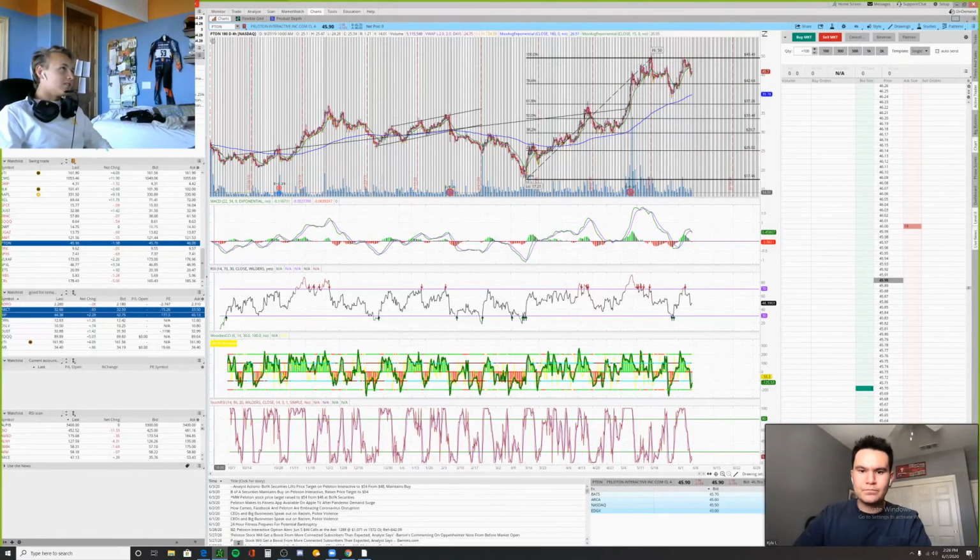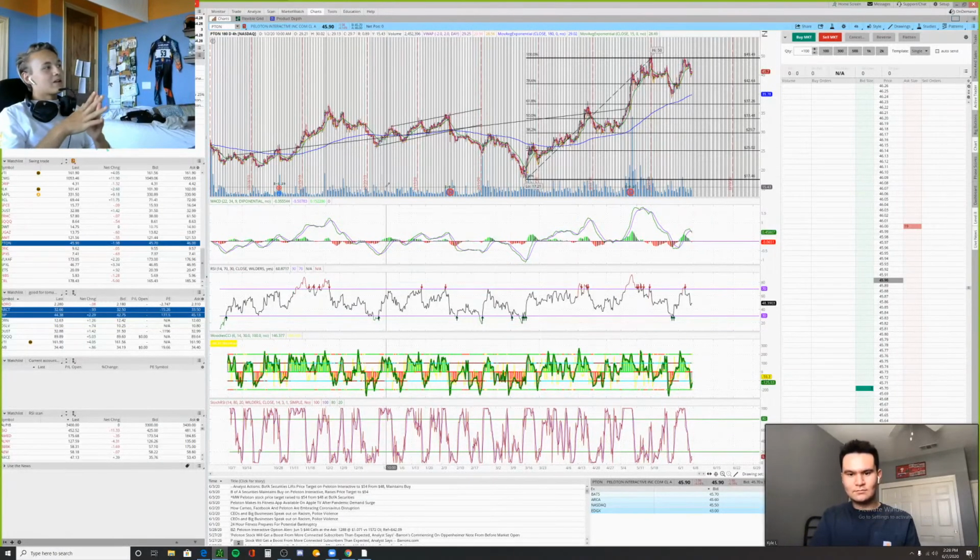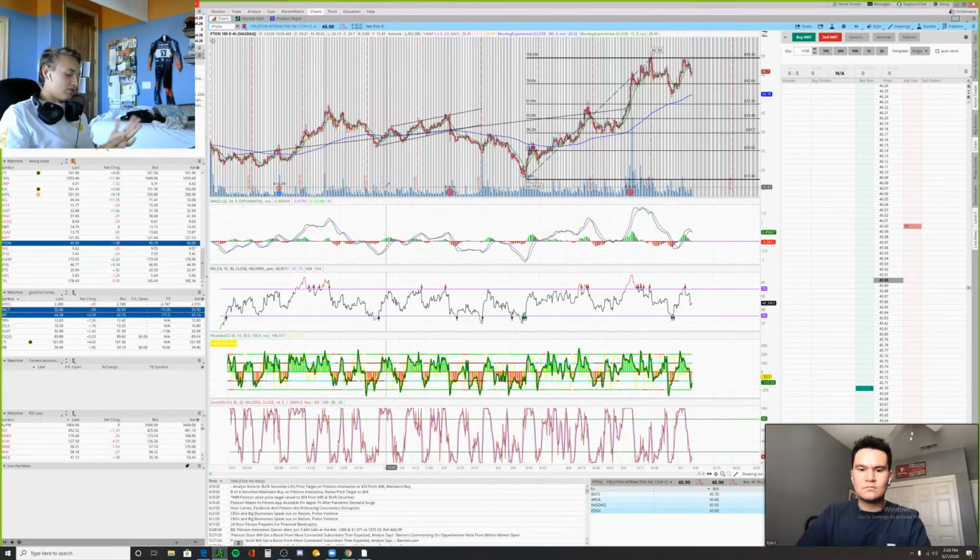I mean, it's Peloton, but as the coronavirus goes on and people start working more, they're going to buy less stuff anyways. Since the Peloton is basically an at-home gym, that's going to go down considering people are probably going to return to their gyms, and people are just going to buy fewer of them in general.